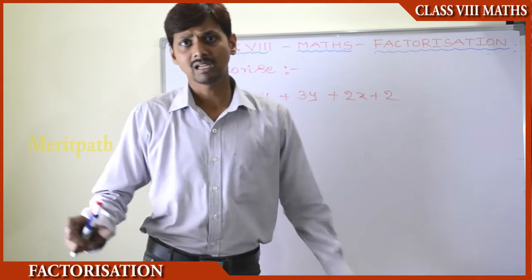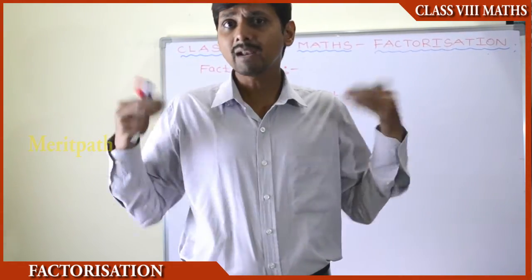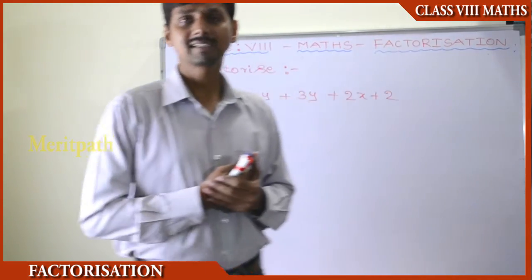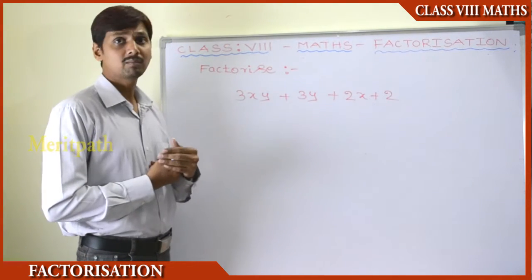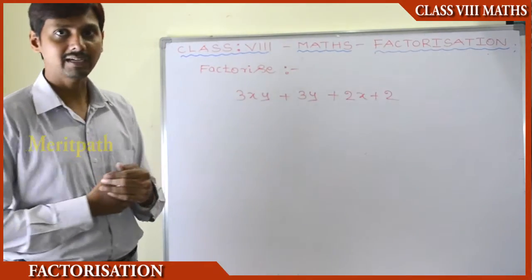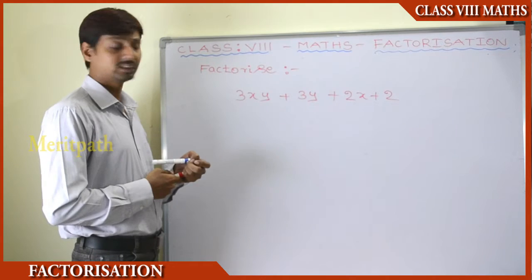If an expression has more than one variable, what do we need to do? Let's see. For example, an expression is 3xy plus 3y plus 2x plus 2. Let's observe this expression.